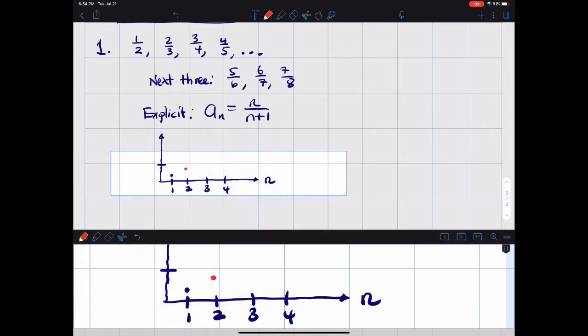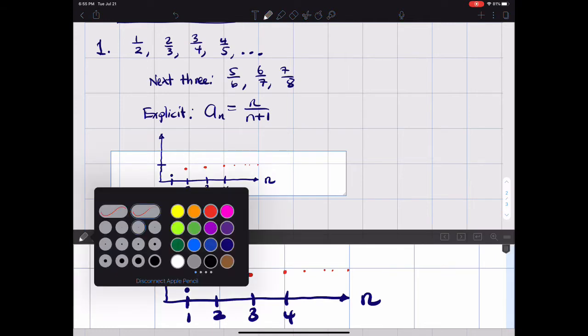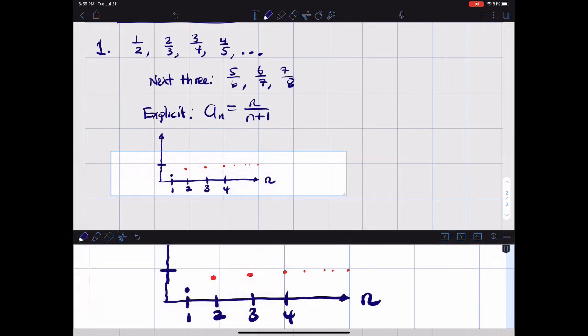When n is 3, it's 3/4. When n is 4, it's 4/5, and so forth. So you just get a graph that keeps going and going. And of course, this point is 1 over here. So you just get dotted lines, okay?